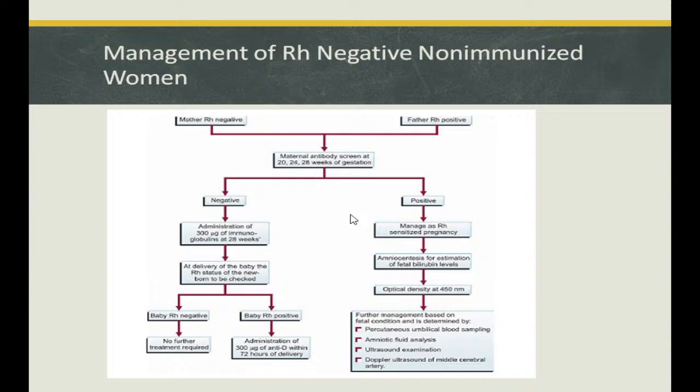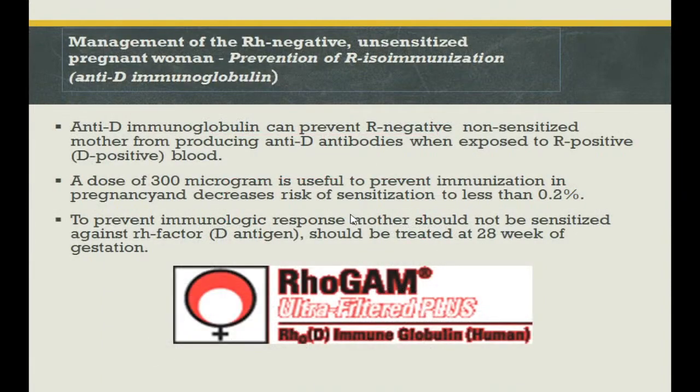In the other situation, when the maternal antibody screen shows a positive result, it is managed as a rhesus-sensitized pregnancy. Amniocentesis for estimation of the fetal bilirubin level, optical density has to be evaluated, and depending on the result of optical density of bilirubin, we will choose the most appropriate management. We will talk about it in the next minutes.